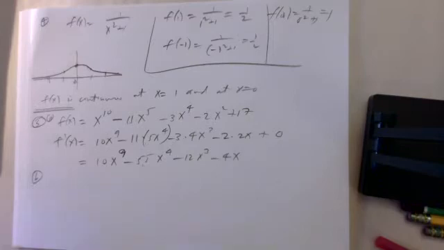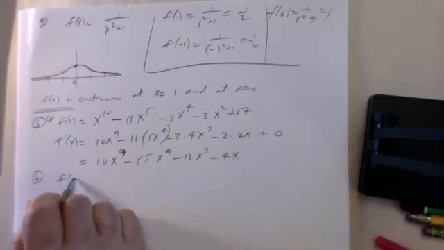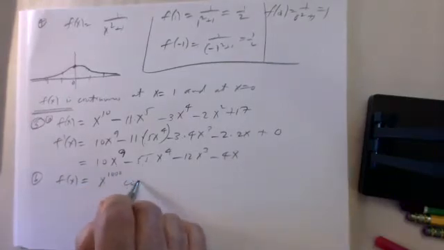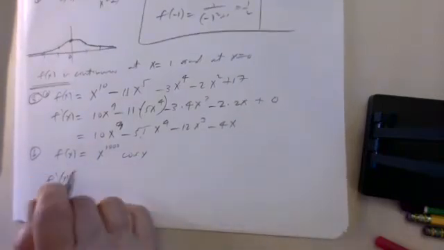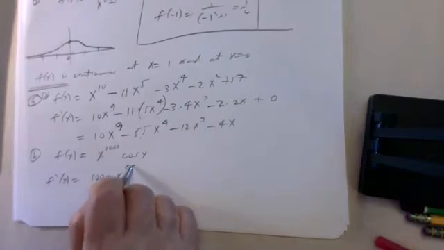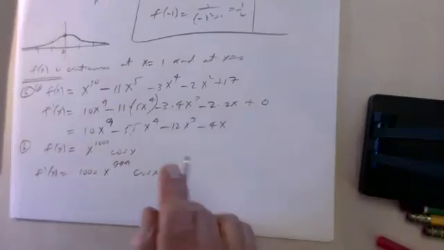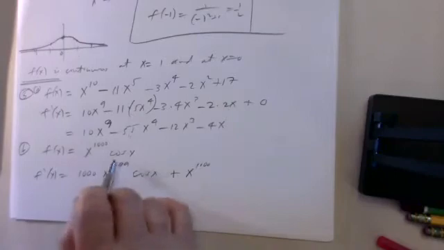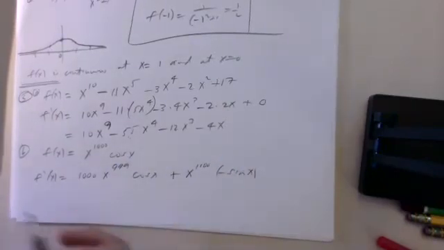Thank you. Okay. So 5b, we have the function f of x equal x to the 1,000th power times cosine x. So you use the product rule. It's the derivative of x to the 1,000, which is 1,000 x to the 999 times the cosine of x, plus x to the 1,000th times the derivative of the cosine, which is minus sine x.